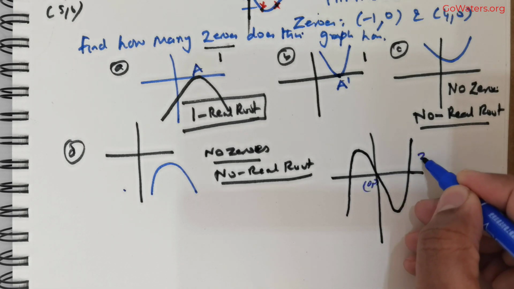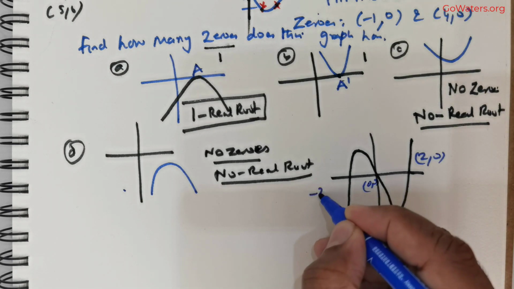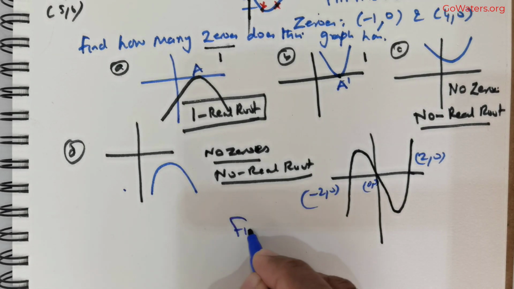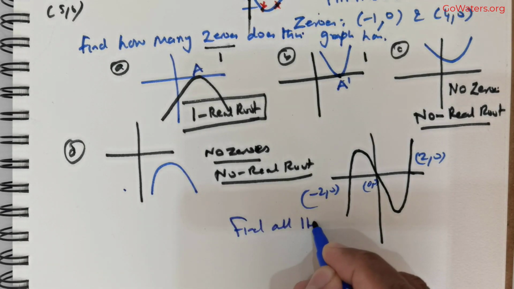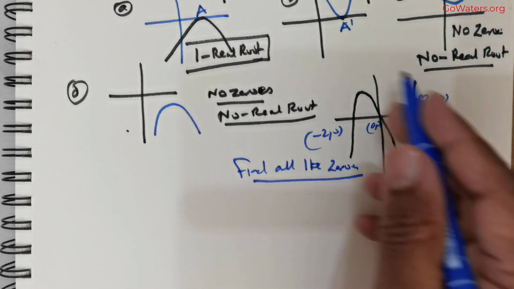This point is 2, 0, and this point is negative 2, 0, and they're asking you to find all the zeros, right? So what would your answer be? Find all the zeros. This is a question they're asking you.